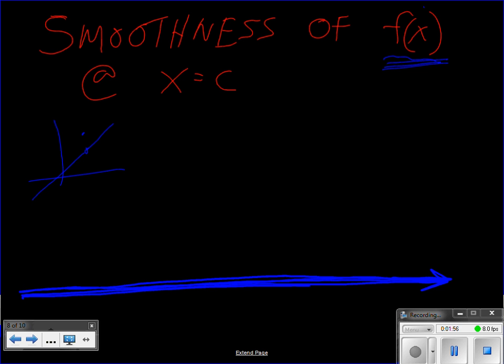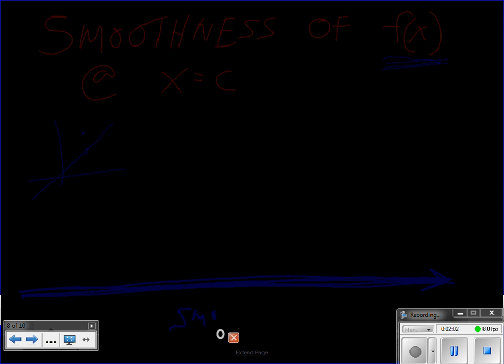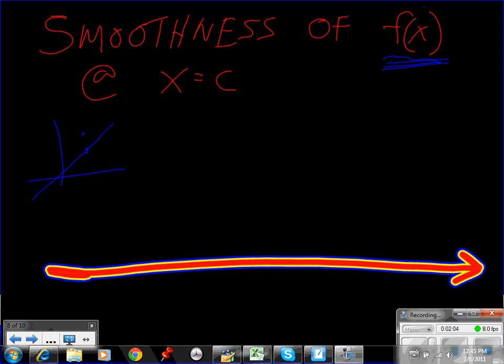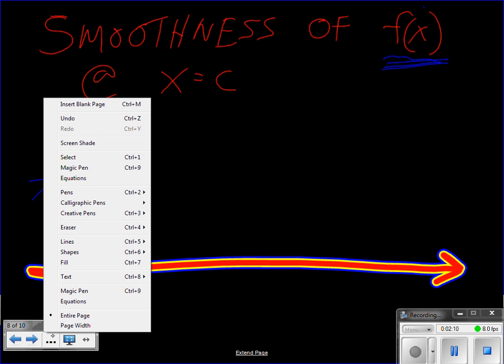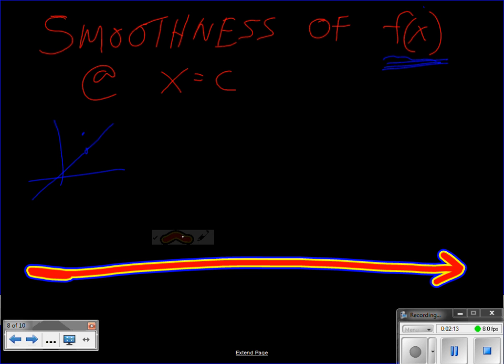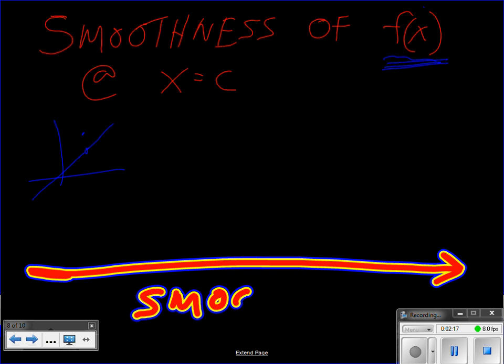This is my little line, continuum of smoothness. And this is my smoothness. See how smooth this is. Smoothness increases as I go right to left.